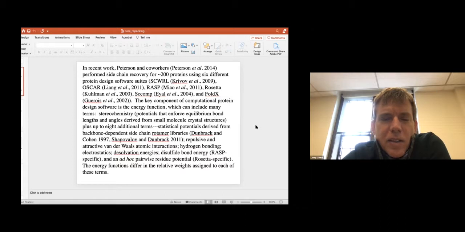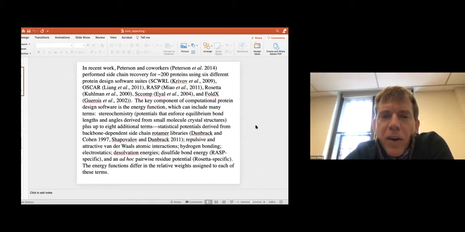And the idea is if you take those side chains off or sort of forget what the experimental values were, can different types of force fields analyze the surrounding structure and find out what side chain conformation should be placed there.